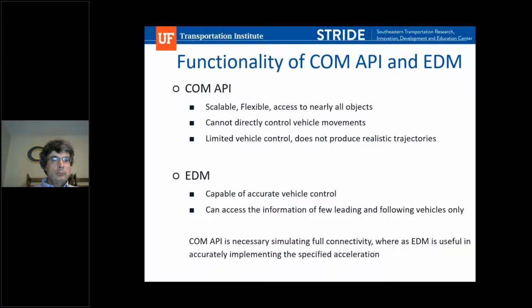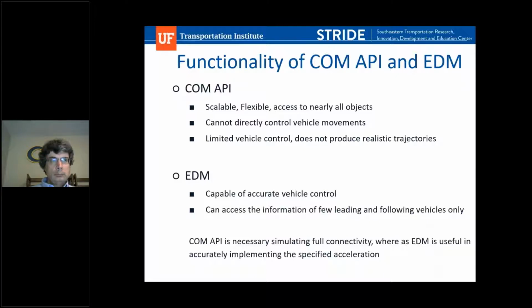One example I can give you is controlling the lateral movement. Using COM API, you can tell a vehicle to change into a certain lane number, but how exactly that lane changing is executed is up to the lane changing model. So you can't really exactly control a vehicle's behavior using COM API, whereas you can indeed access a lot of elements within simulation using COM API.